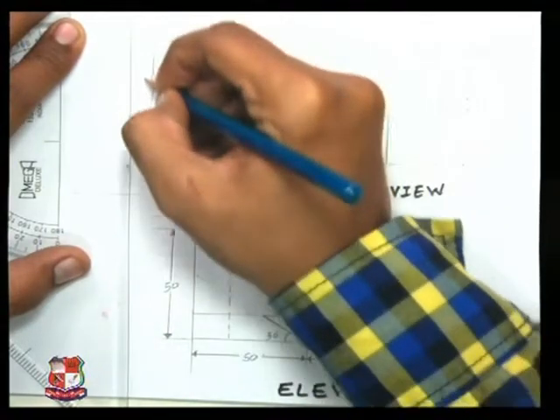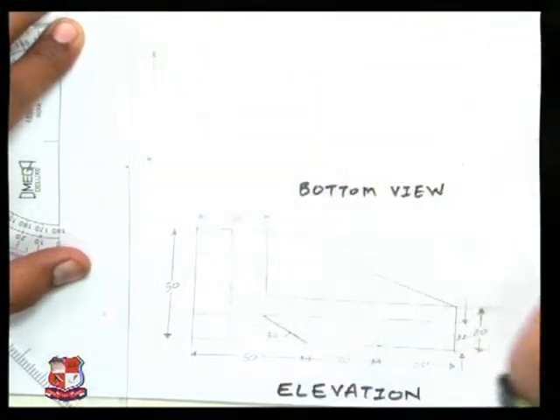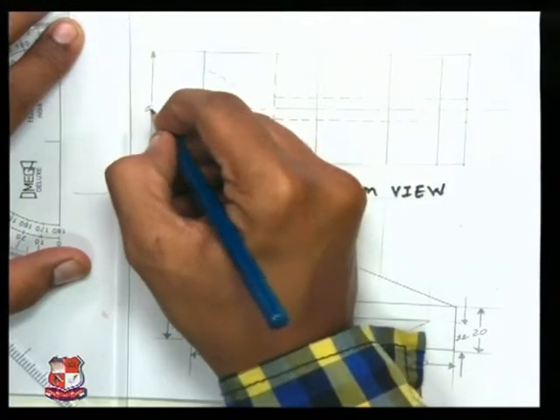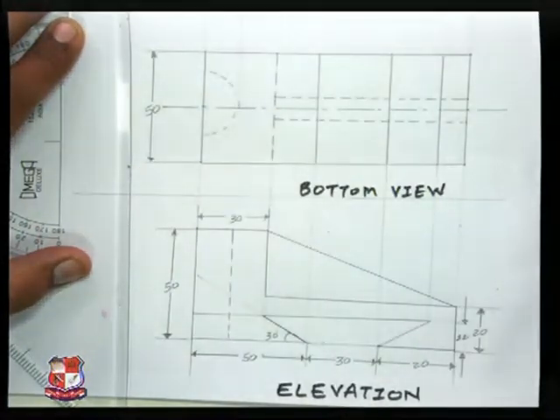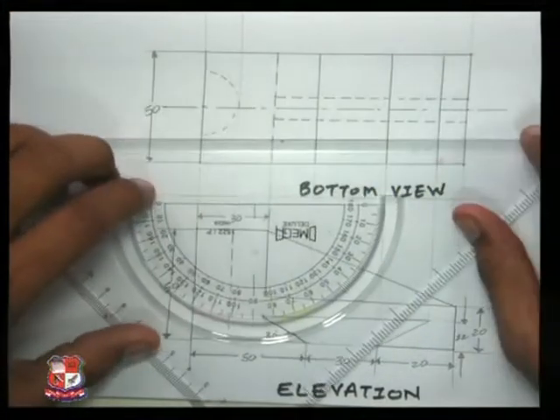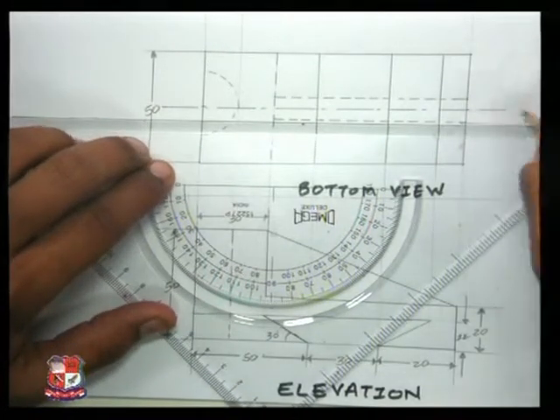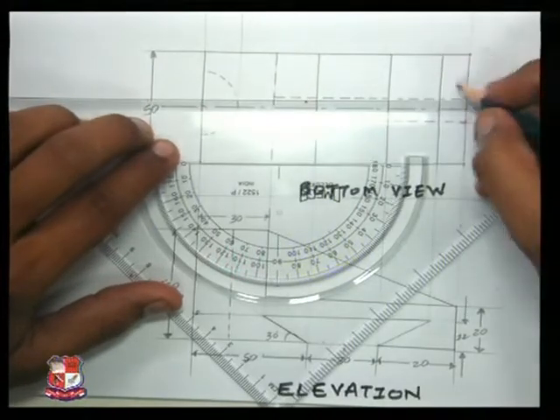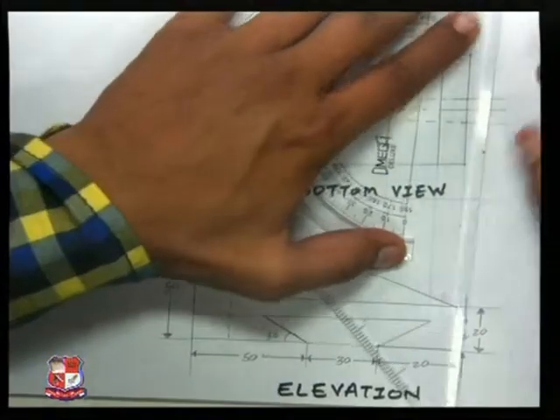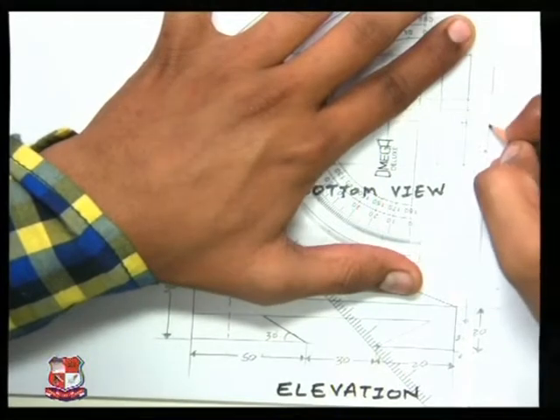Break the dimension line, close filled arrows, unidirectional method. Dimension is 50. This rib, as there is less space, so I am using the unidirectional method, another portion.